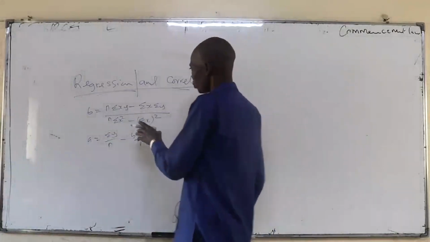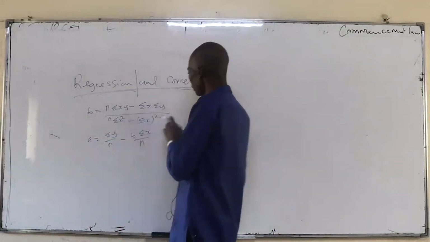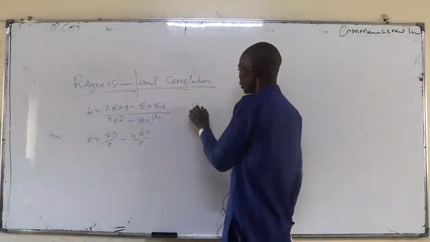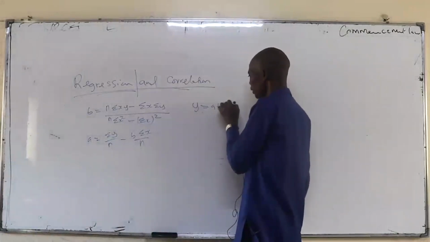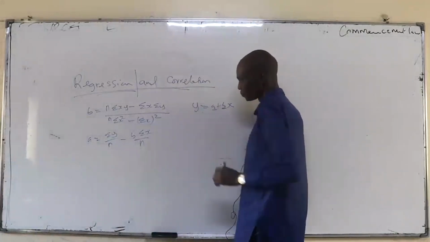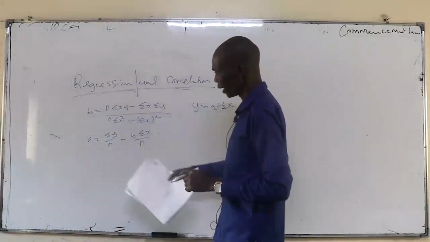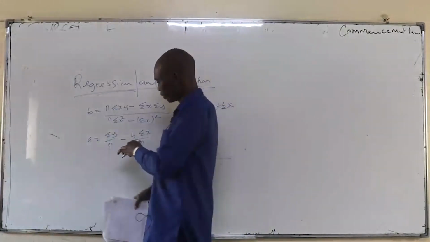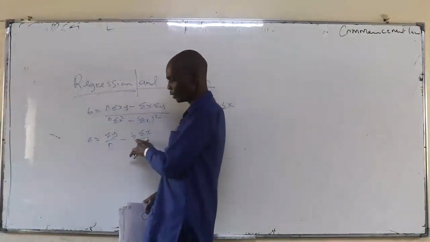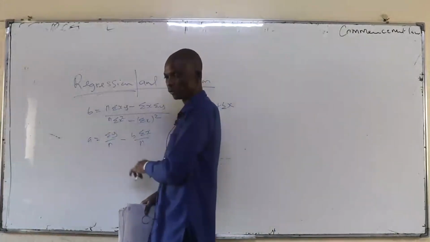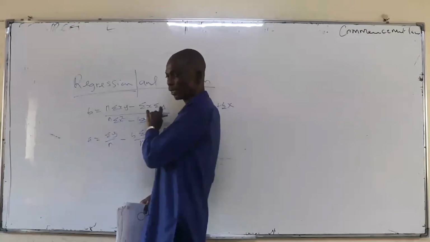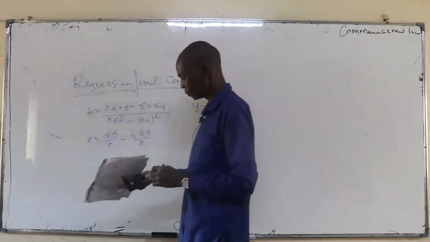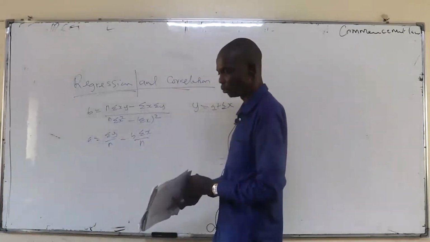We find the values of the two, and then substitute them in the equation y is equal to a plus bx. To obtain a we need b, so it is important that we first get the value of b before we can get the value of a.